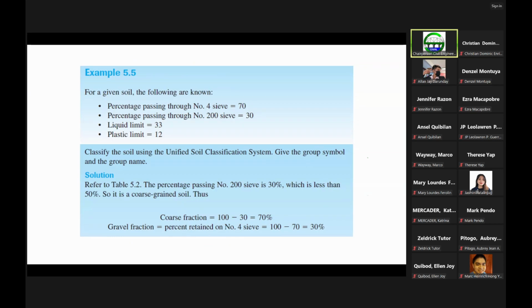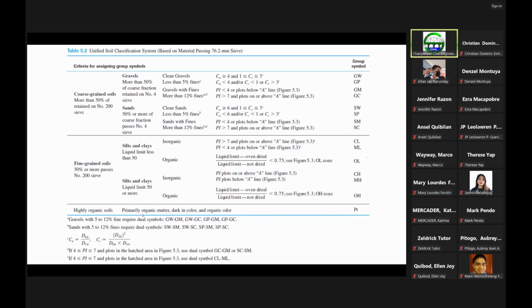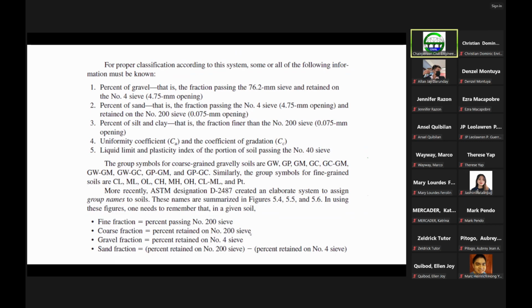Moving on, we have the coarse fraction. How do we define the coarse fraction? The coarse fraction is the percent retained on the number 200 sieve.